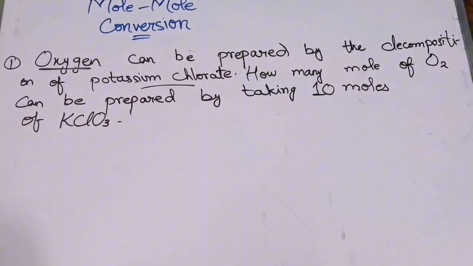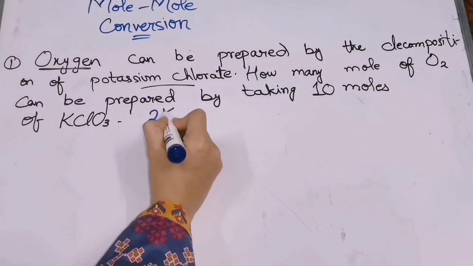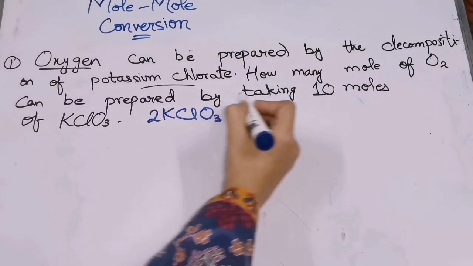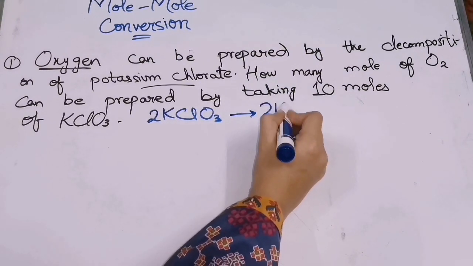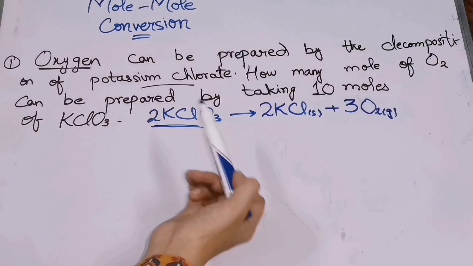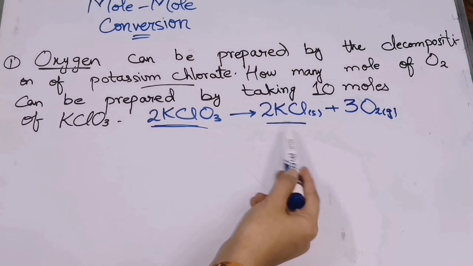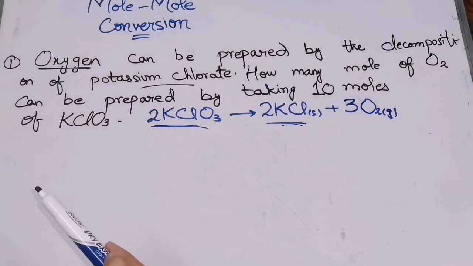Now the reaction is 2KClO3. It is decomposing and converting into KCl. In this reaction KClO3 is decomposing, KCl is formed, and with KCl oxygen is also formed.